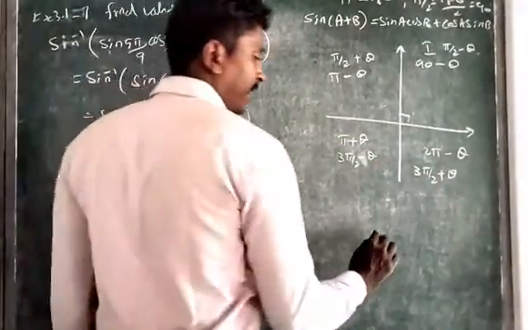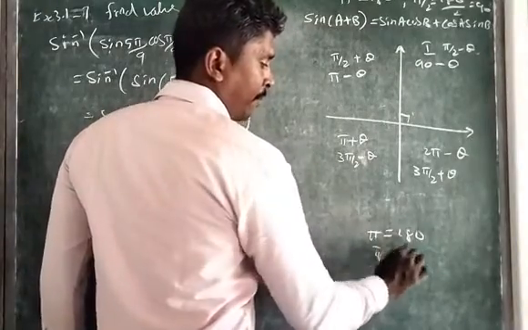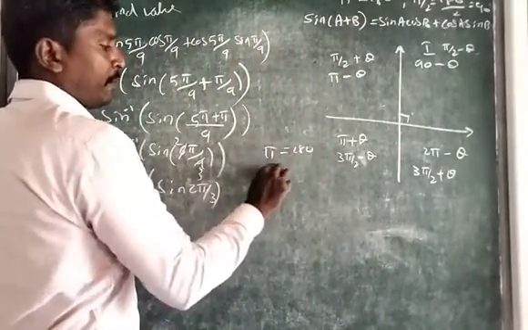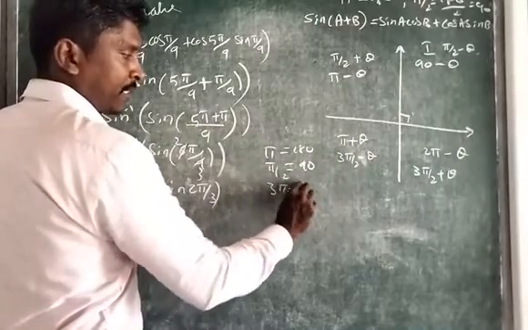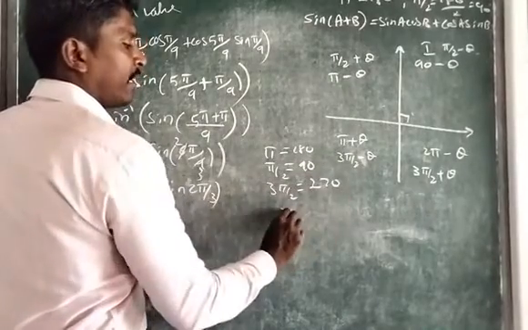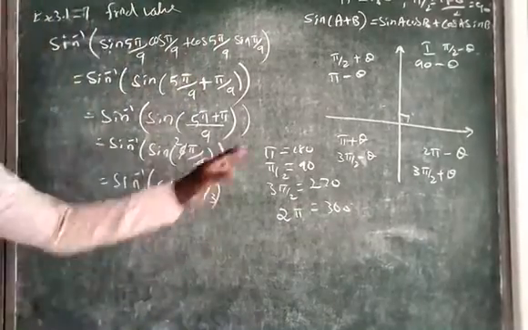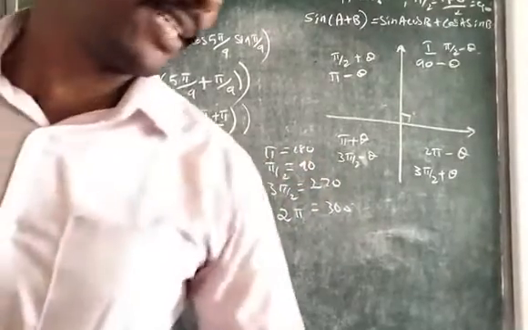Let's see how to remember: pi equals 180, pi by 2 is 90 degrees, 3 pi by 2 is 270, 2 pi is 360 degrees. Just remember this when writing in radian or degree form.